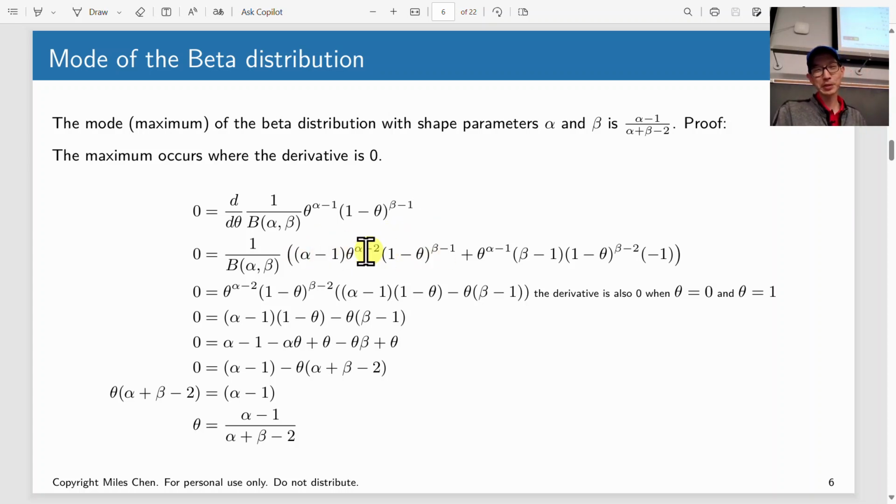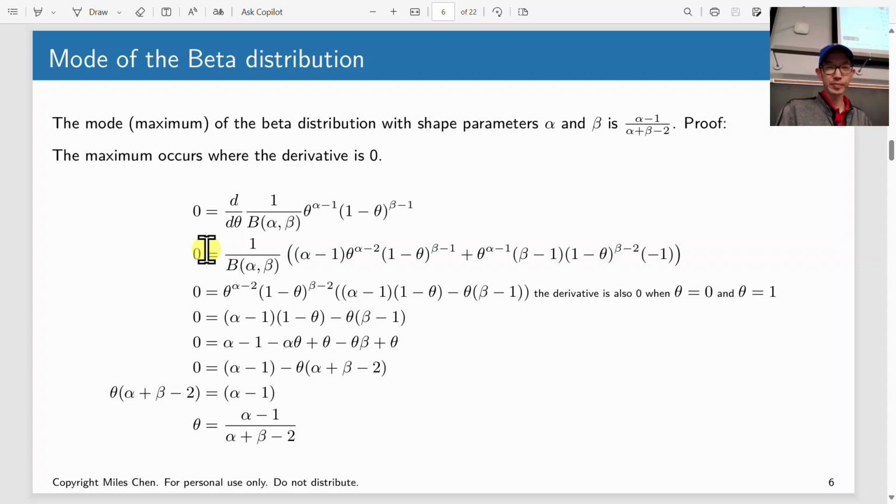And so you can follow all of the math. Alpha minus 1 theta to the alpha minus 2 times 1 minus theta to the beta minus 1. And then, v du will have theta to the alpha minus 1, and then this becomes beta minus 1, 1 minus theta to the beta minus 2, and then we have a chain rule on the negative theta, so we have negative 1 there, okay?